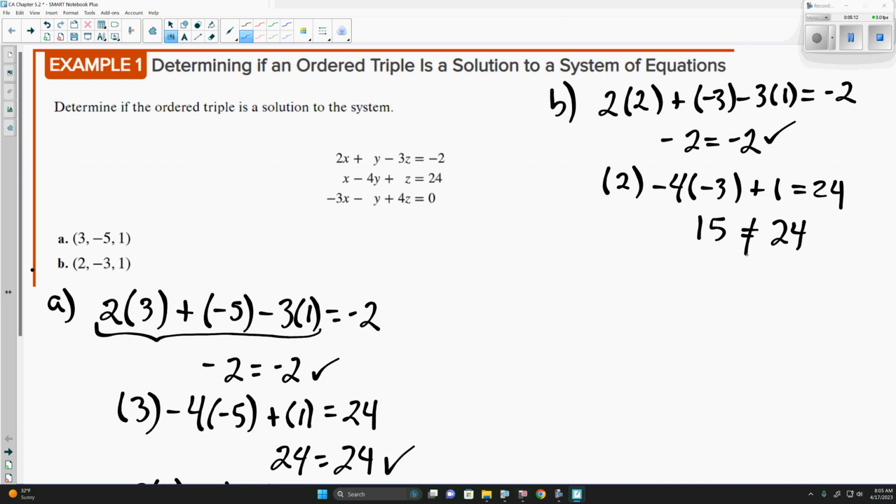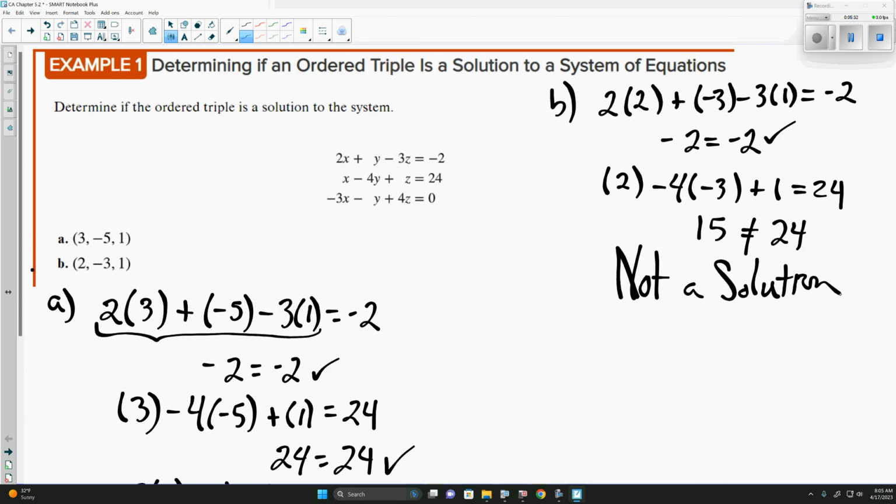Well, 15 is not equal to 24, so this is not a solution to the system. It's not a solution to the system of equations. It is a solution to the first equation, but not to all three.